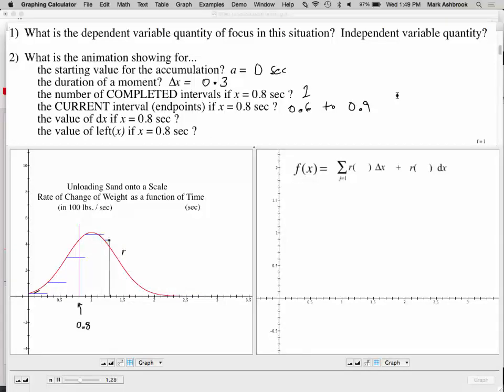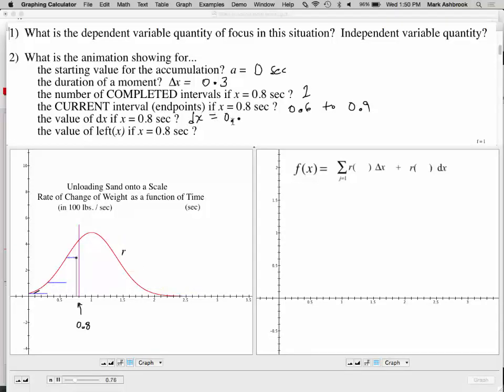So when you start a new interval, dx starts over at 0 and then varies to delta x, and then starts over again. It's always varying between 0 and delta x in the current interval. So in the current interval, from 0.6 to 0.9, what is dx if x is 0.8? 0.2.